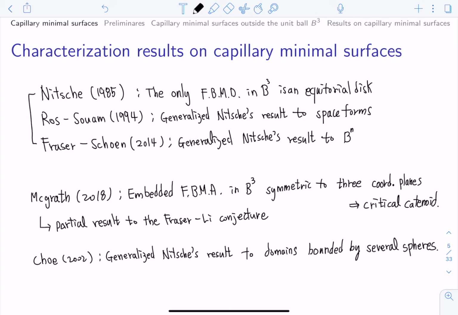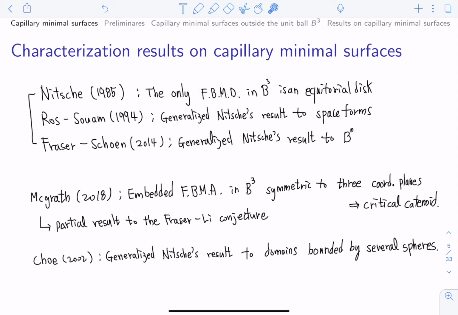For example, there is a famous result by Nitsche. Nitsche proved that the only free boundary minimal disk in B^3 is an equatorial disk.